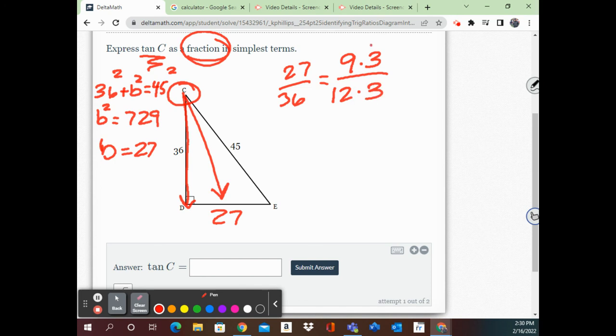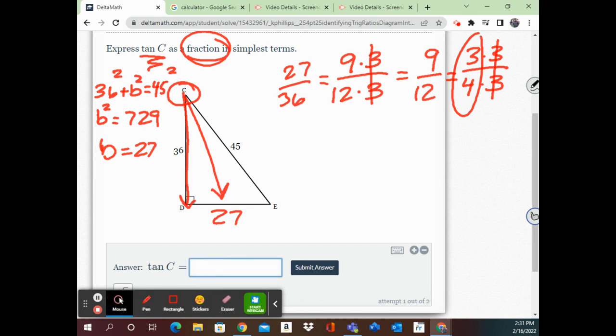My 3's cancel out, and I'm left with 9 over 12. Well, I can simplify that further. 9 is 3 times 3. This one, 4 times 3. Cancel that out. So my answer would be 3 over 4 for this particular problem.